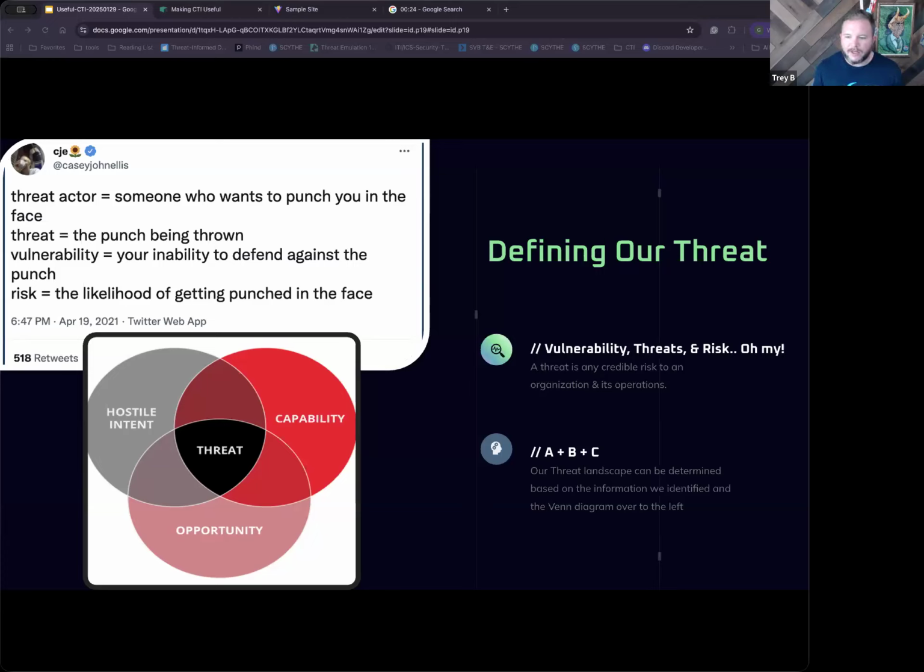They don't care at this point. So going back to the map we looked at earlier, what markets and verticals do you work in? Who do you work with? Where are you working? All of that information plus your crown jewels can help you tune this even further. Putting that together with capability, opportunity, and intent, you've got a pretty clear picture at this point.